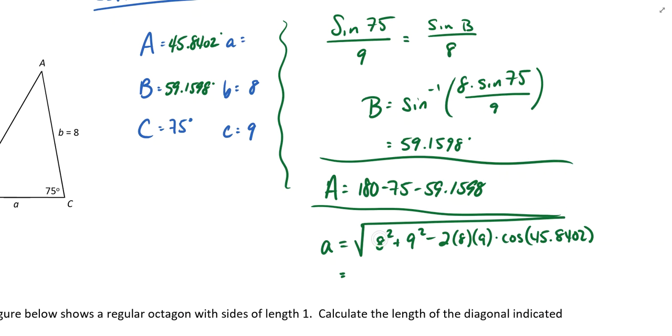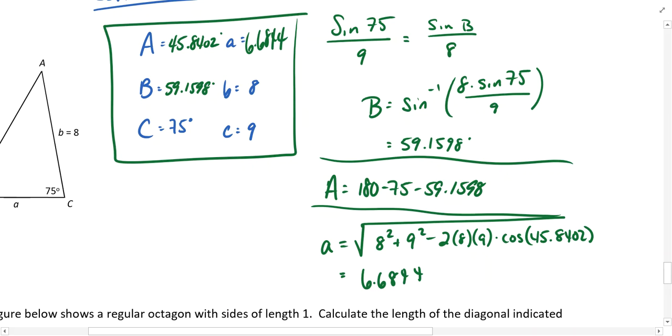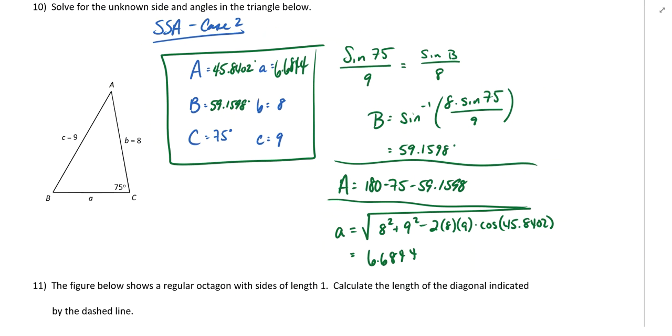And so here's the expression that I had memorized earlier, or you may have it written down on your reference material too. 6.6844 is the result for that side length. And now we've solved the entire triangle.